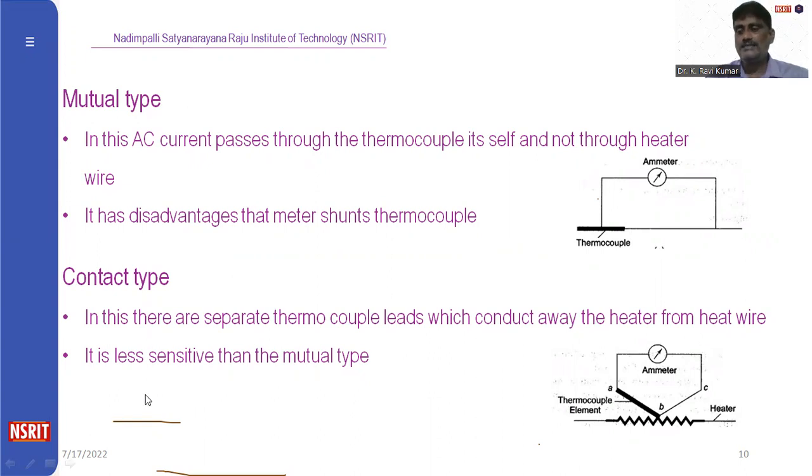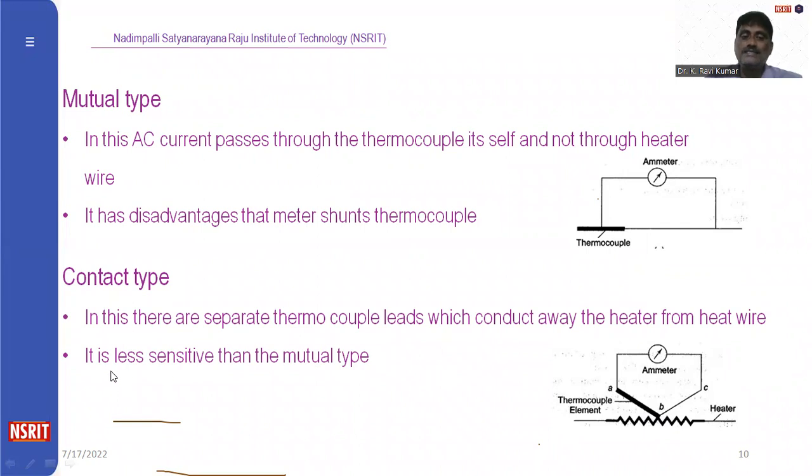It has less sensitivity. Here we are applying the current through this wire and it heats up. The thermocouple is directly connected to the heater at this B terminal. This is the A terminal, this is C, and this is the B point. The thermocouple is in direct contact with the heater. Based on the heat, the EMF will be produced, and based on that the galvanometer deflection changes. Based on the changes in the current applied to the heater, we measure the current value.